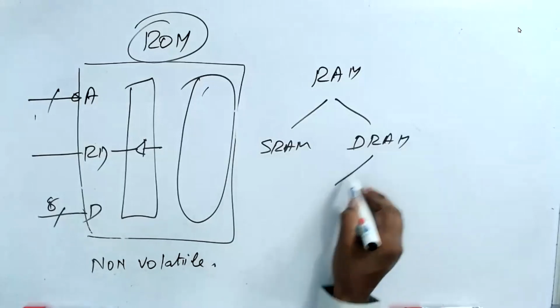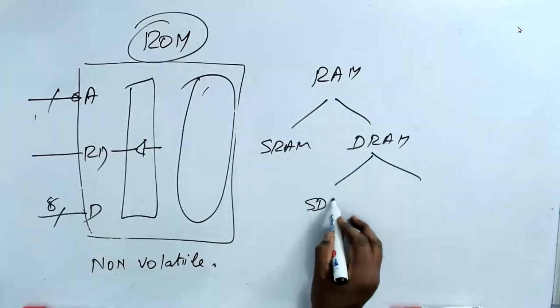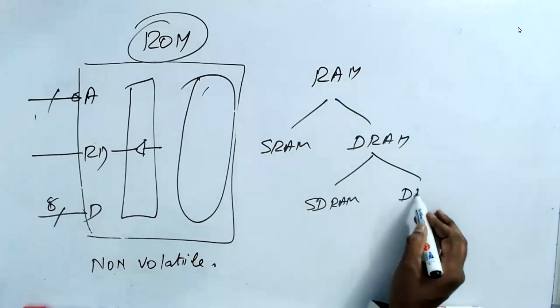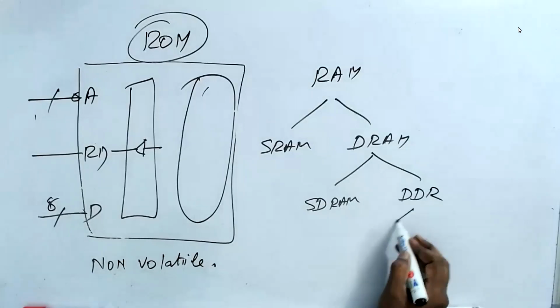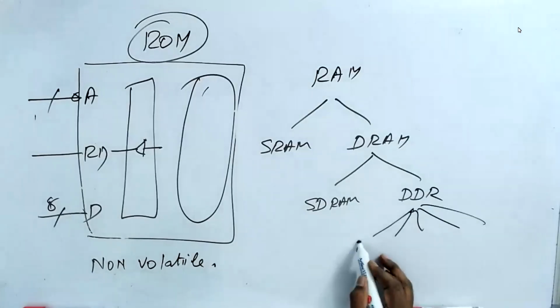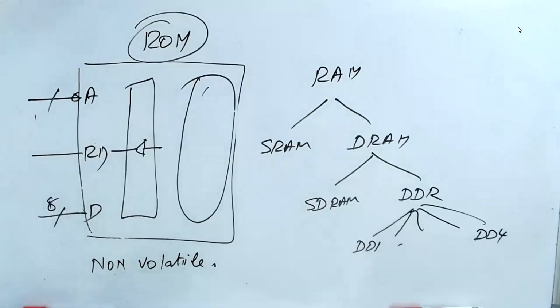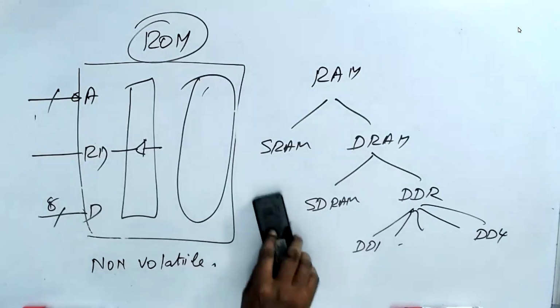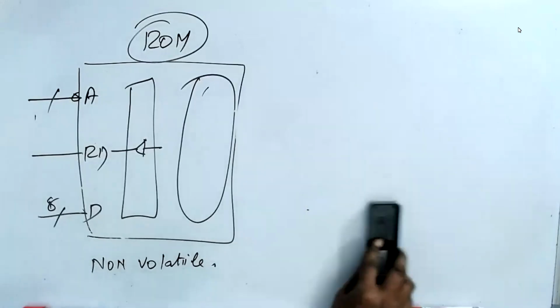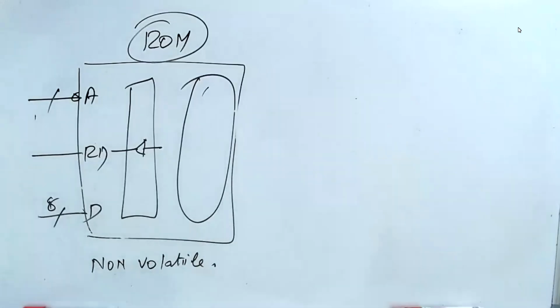In DRAM itself, there are so many types: SDRAM, DDR. Then DDR itself has so many types, DDR1, up to DDR4, which is what they use everywhere today. So we should know all of them. Please understand.